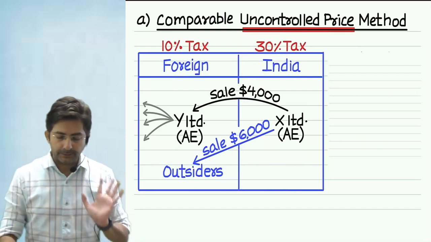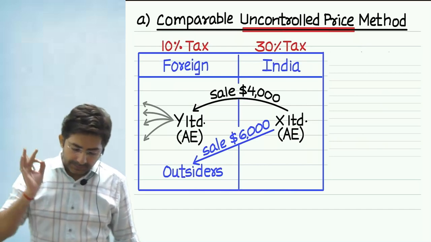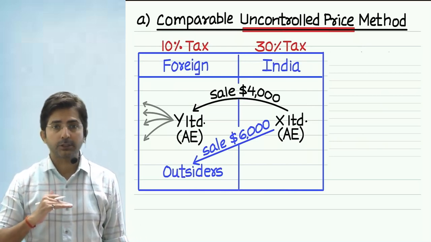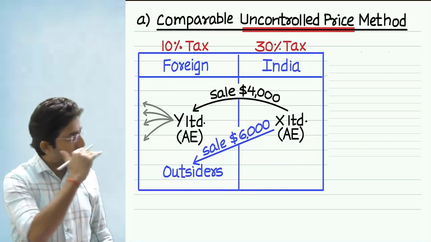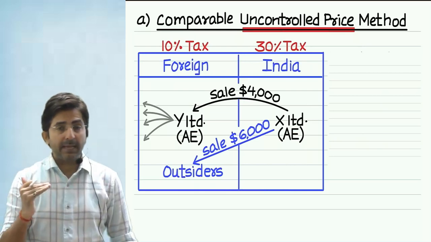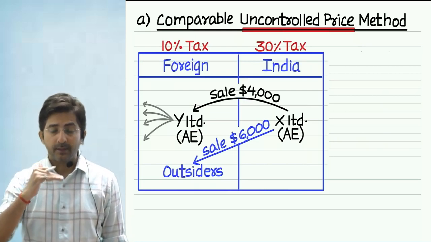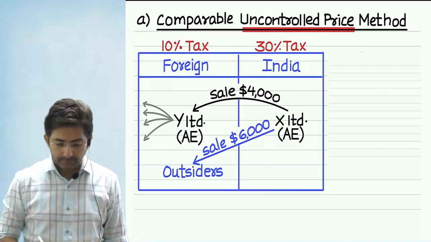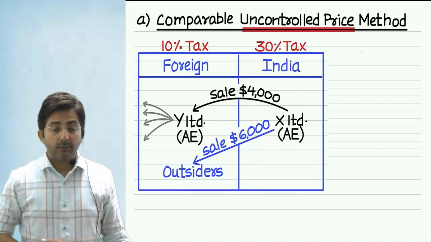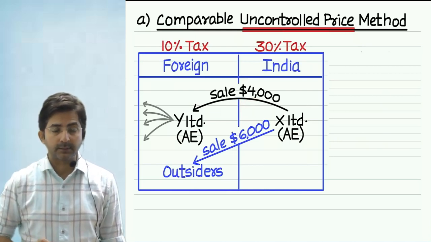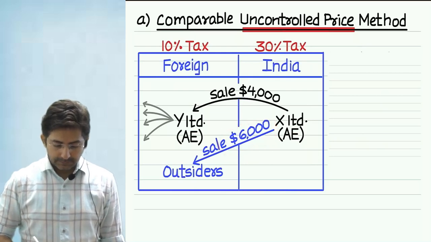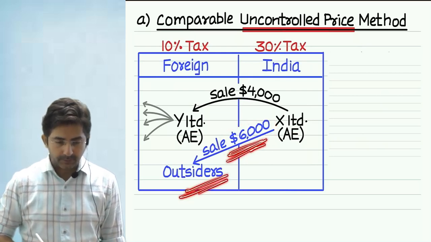Okay. So here, I have taken the same example with which I started the chapter's introduction. You remember this example? In this example, X and Y both are associated, and X Limited has sold the goods to Y Limited at a lower price, whereas the genuine price of the product is 6,000. See, 6,000 I have written here. Can you see outsiders?